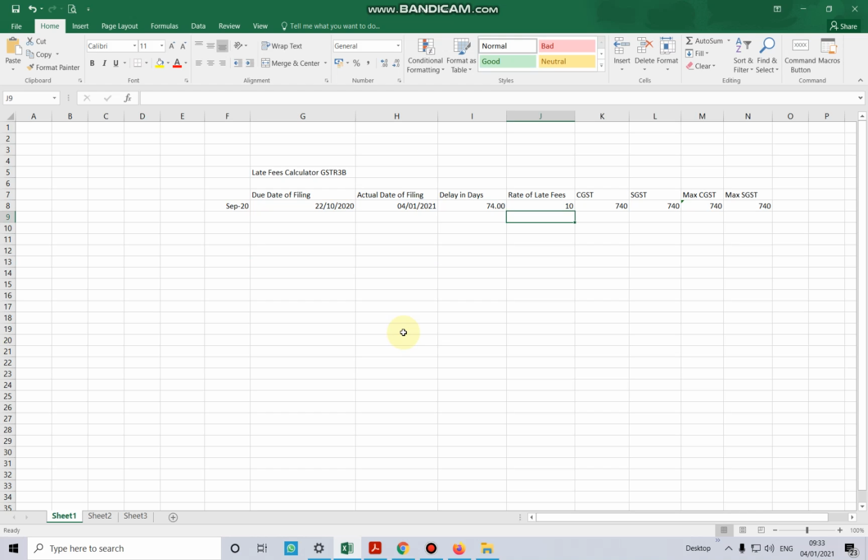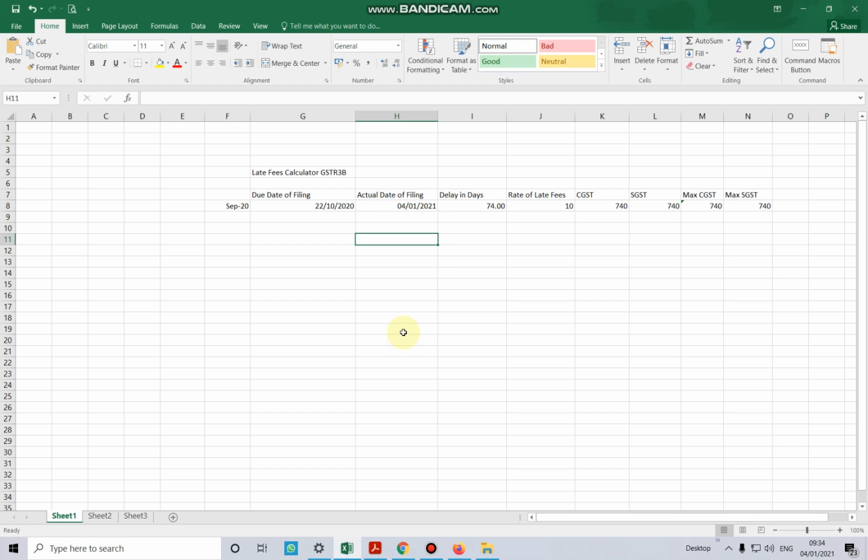Whenever we talk of a nil return, we say that there are no purchases and no sales. This is nil return in common man's language. Again, if you have only purchases and there are no sales, in GST law it is also treated as equivalent to a nil return. So in that case also your late fees will be 10 per day only.